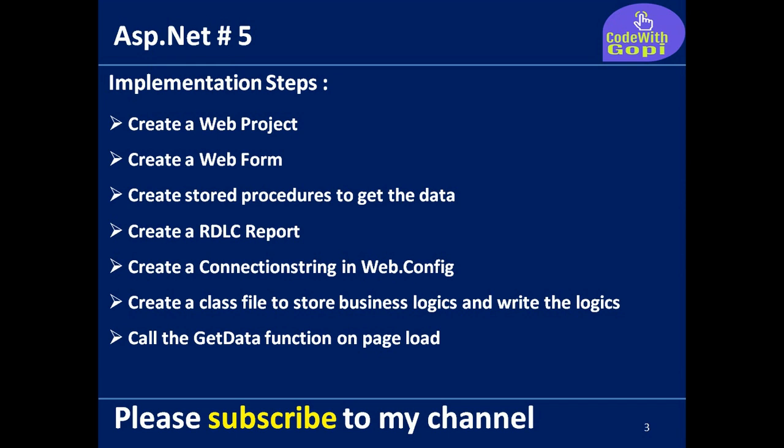Finally we created one RDLC report and one connection string to read the data from the database. We also created one more class file to store all our business logic and we called our function from that. Finally we called the get data function from page load. So that's it for today. Thanks for watching my video.